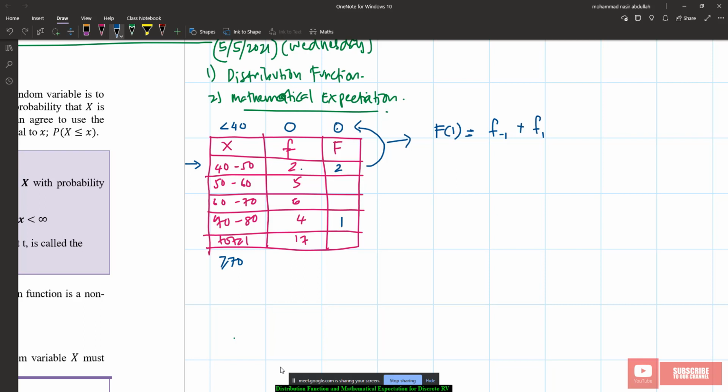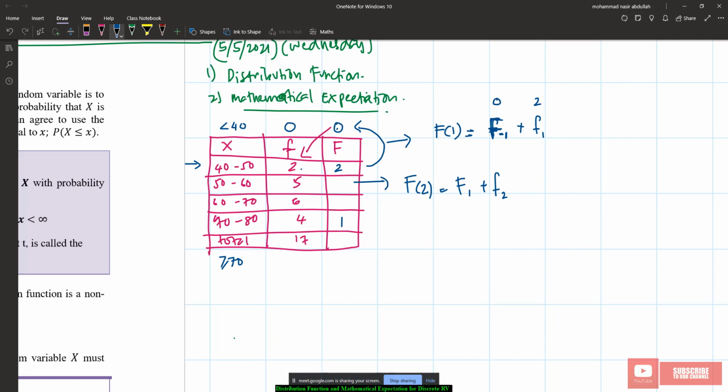This is the frequency before the first row, 0. The frequency of the first row is 2. So the cumulative frequency is capital F0 plus f1, and you get F1. If you want to find the cumulative frequency for number 2, it means the cumulative frequency number 1 plus the frequency number 2.